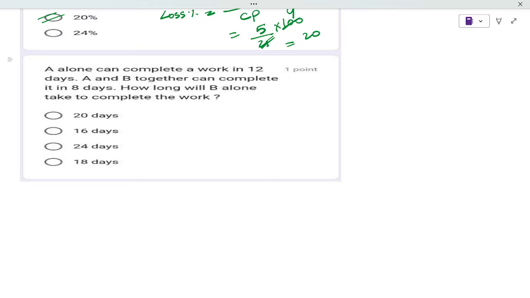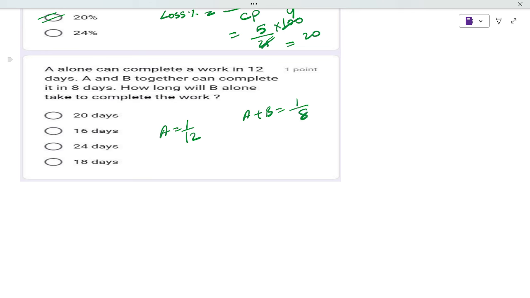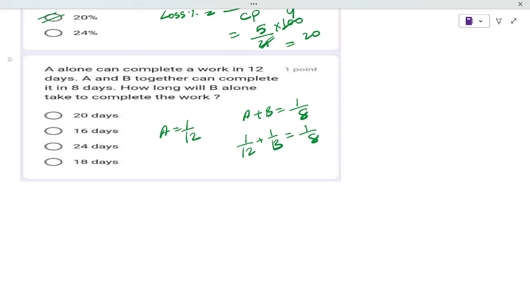Next one is also from time in work. A can complete the work in 12 days, that means 1 day work of A is 1 by 12. A and B together can complete the work in 8 days, that means A plus B together, 1 day work is 1 by 8. So we can do it this way: 1 by B equals 1 by 8 minus 1 by 12.